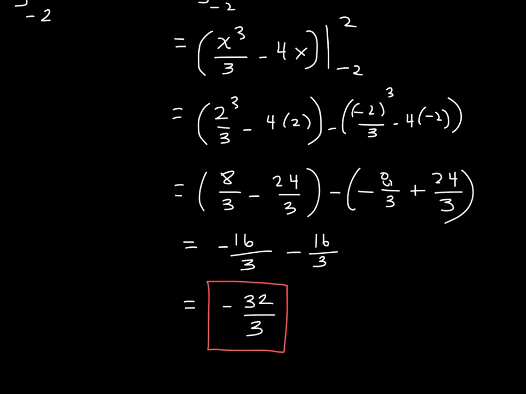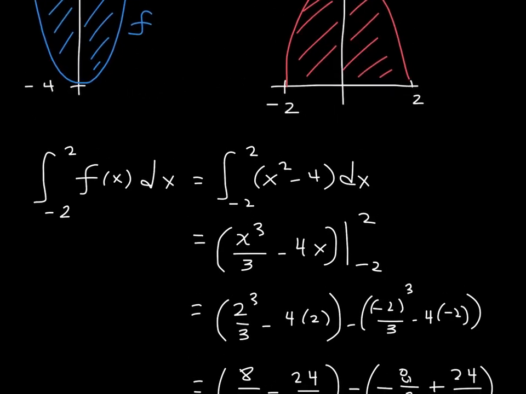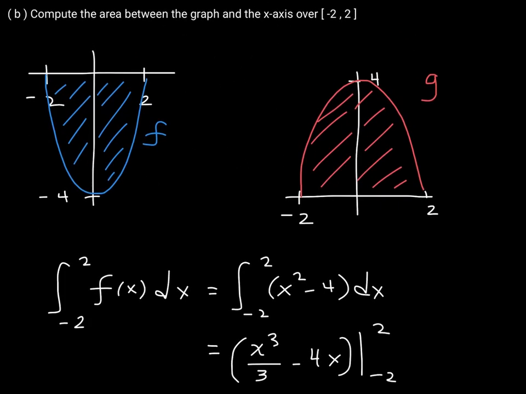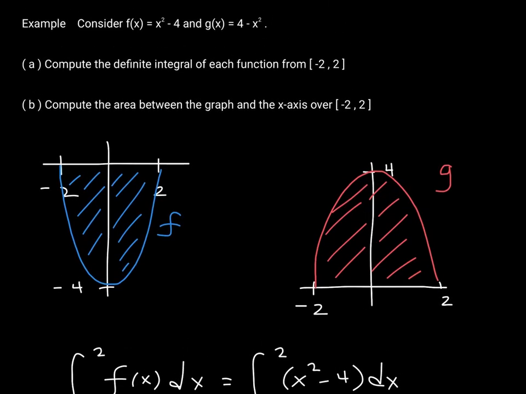All right, let's do the same thing, but this time for g of x. So we just found the definite integral of f of x, right? Notice that if we would have done a Riemann sum, the rectangles would be down here below the x-axis, right?